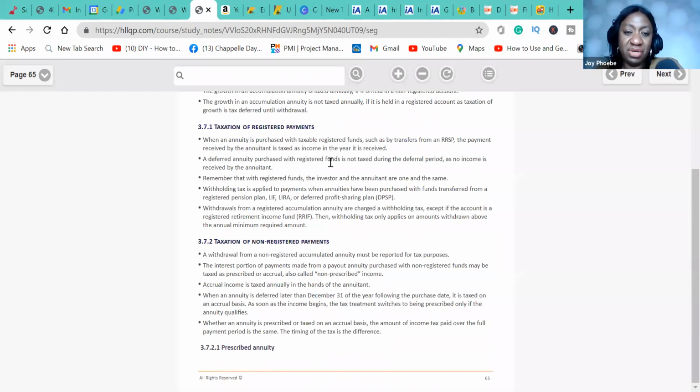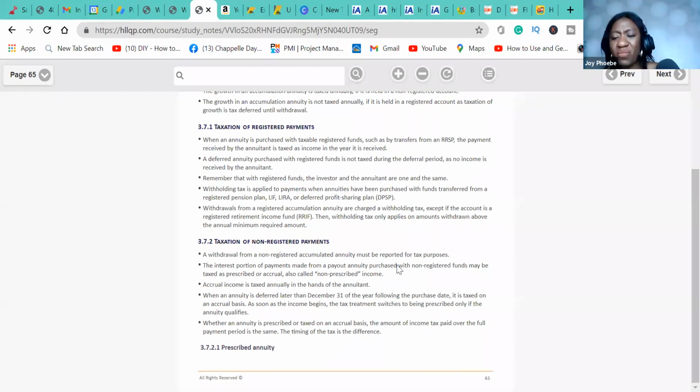Taxation of registered payments. When an annuity is purchased with taxable registered funds, such as a transfer from an RRSP, the payment received by the annuitant is taxed as income in the year it was received.